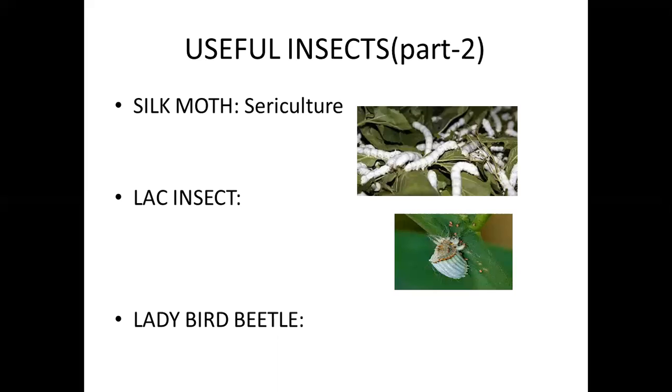Next one is the lac insect. See, in this picture we can find the lac insect. These lac insects usually grow on banyan trees and they secrete a semi-solid substance called lac. Lac is used in paints, varnishes, printing ink, and for making bangles and similar things.